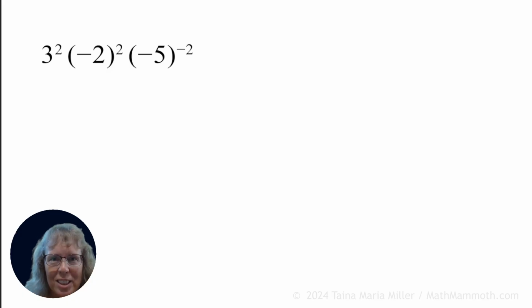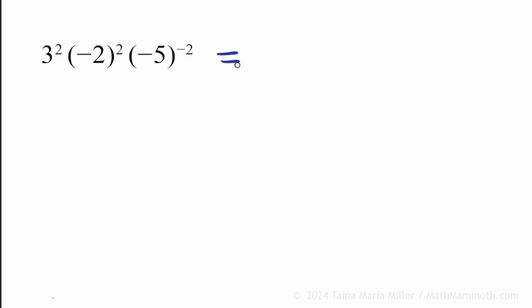Our last exercise for this lesson is to simplify this expression. Here we have -2 and -5 as bases. So we cannot combine anything. We cannot add those exponents. And yeah, 3, 2. So 3 different bases. We just have to calculate the value of each expression separately. 3 squared is 9. And everything is multiplied. And then -2 squared. -2 times -2.